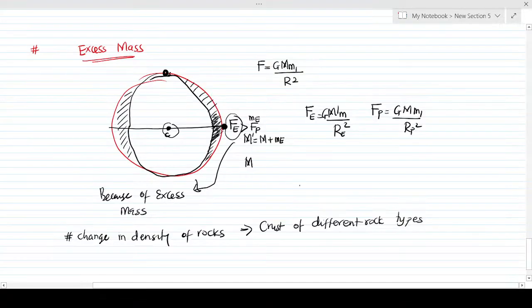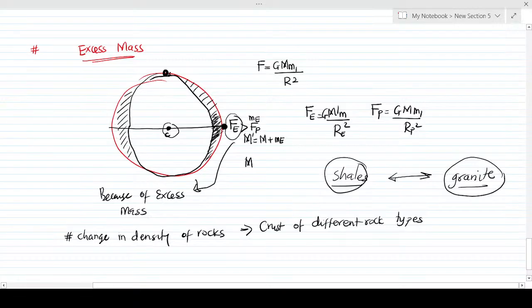So if I measure the gravitational force within a terrain that is underlain by shales, and then take the same body to a different place which is underlain by granite, although the body is the same, the gravitational force will differ because of the different rock types within the terrain where we did our measurement.